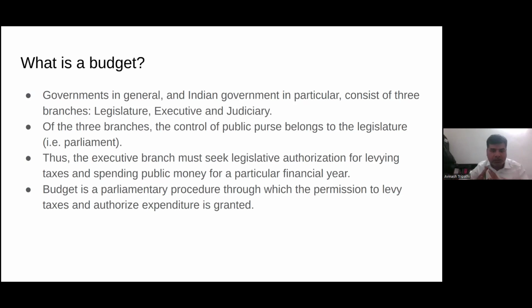Okay, so let me repeat once again. You have a number of branches within the government: number one, legislature, number two, executive, number three, judiciary. The public purse, the power to impose taxes, and the power to authorize spending, that belongs to the parliament.